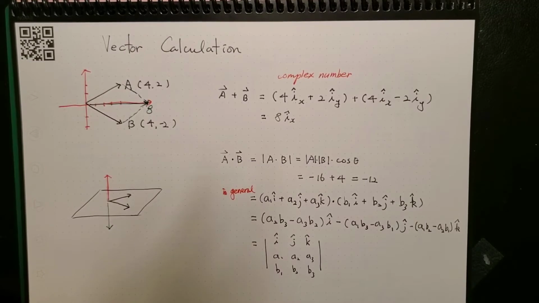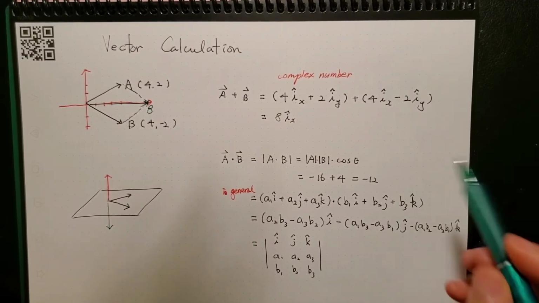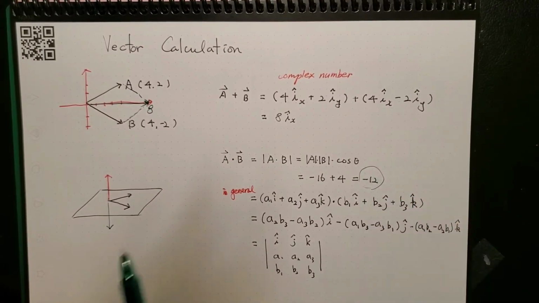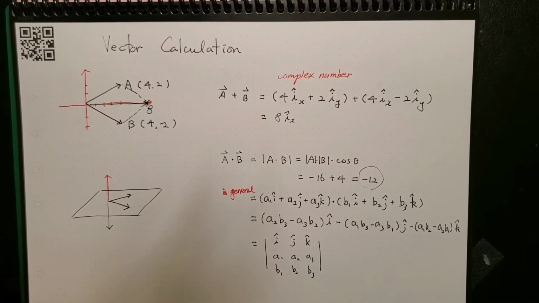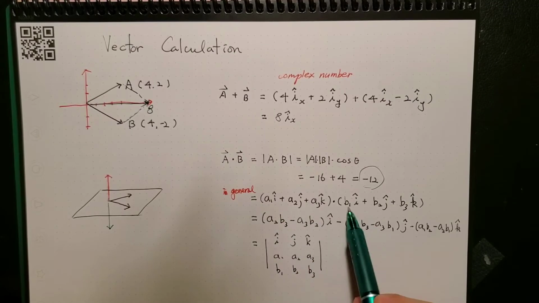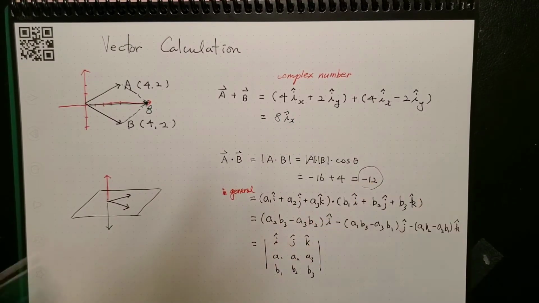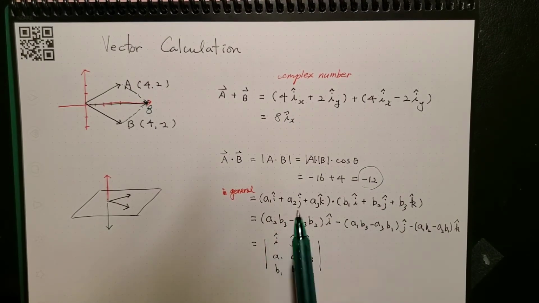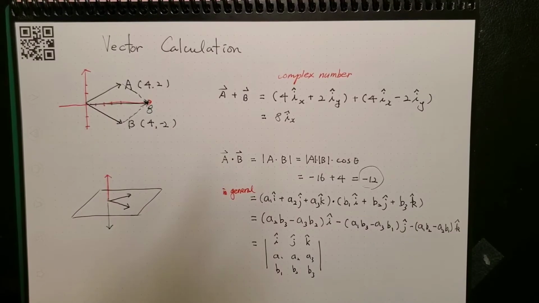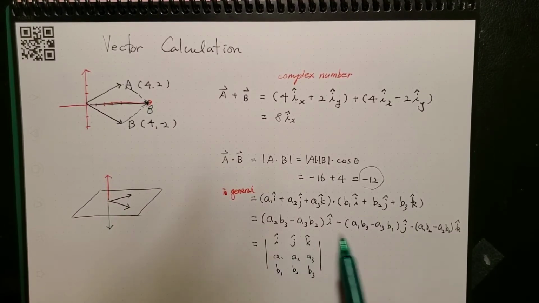For the multiplication of two vectors, you can come up with a scalar easily by doing this. But also, you can put it in this way for the three-dimensional case. This is for the two-dimensional case in general. Then you will come up with this kind of outcome, and that corresponds to this matrix.